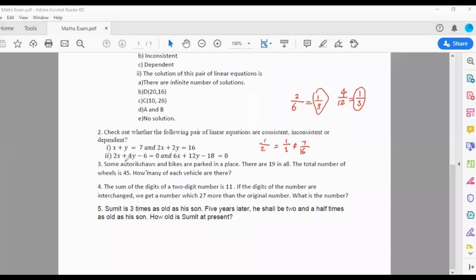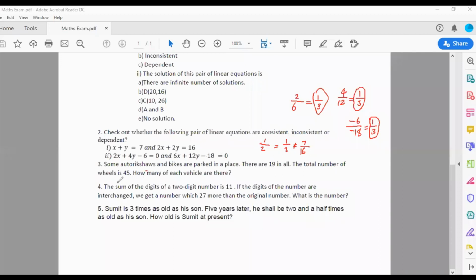And what about the constant terms? Take the ratio minus 6 by minus 18. Minus 6 is a common factor, so you will again get 1 by 3. So the ratios A1 by A2 is equal to B1 by B2 is equal to C1 by C2. So the pair of linear equations is dependent and there will be infinite number of solutions.